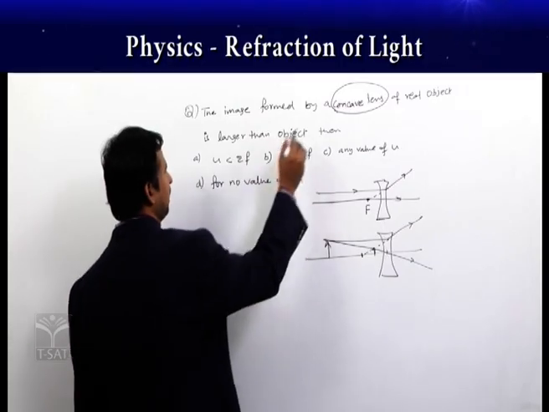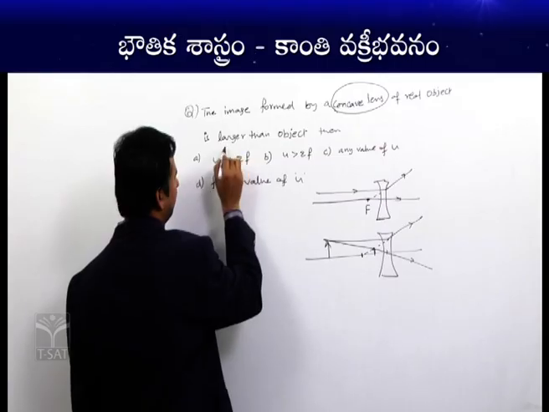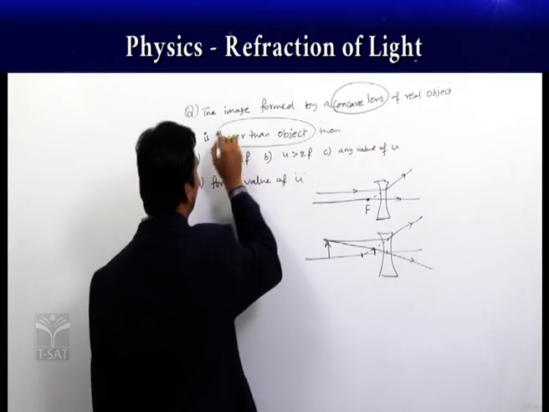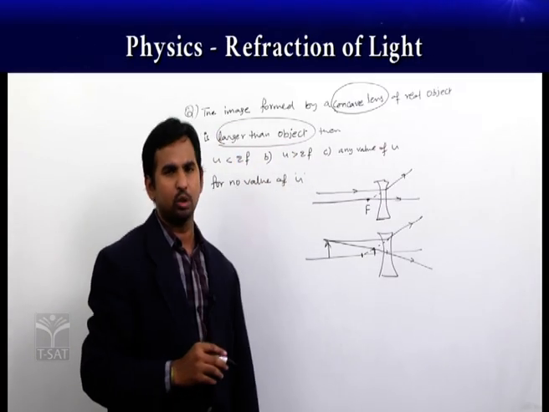But here it is given that the concave lens forms an image larger than the object size, which is not possible.